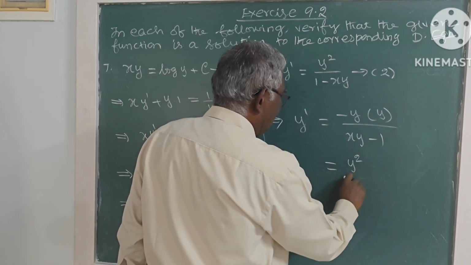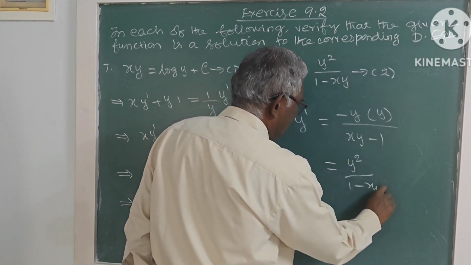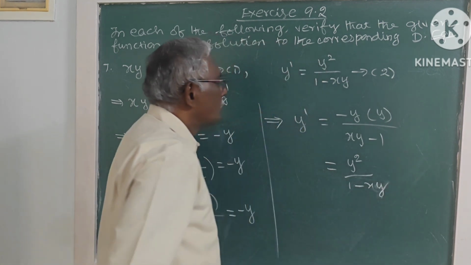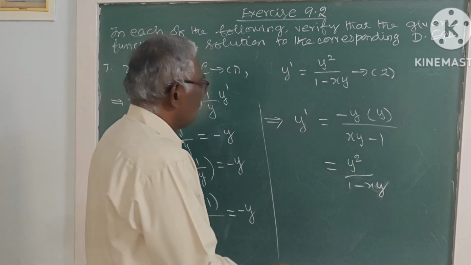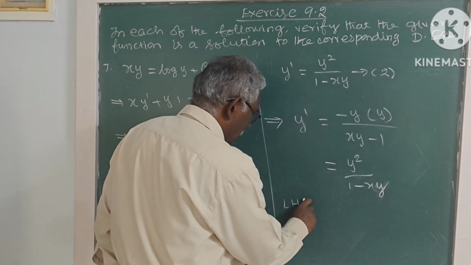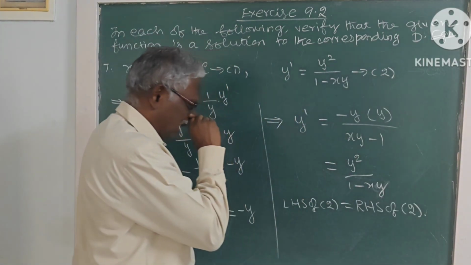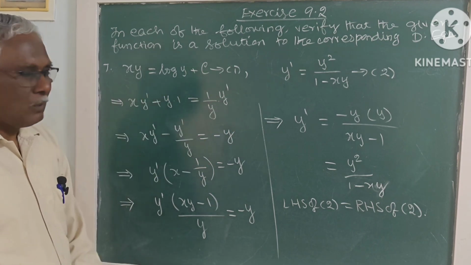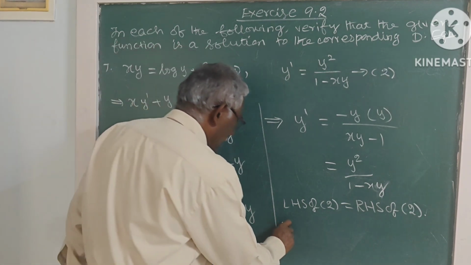So we can rewrite this as y square by 1 minus xy. This is nothing but RHS of equation 2. Therefore, it is a solution to the given differential equation.